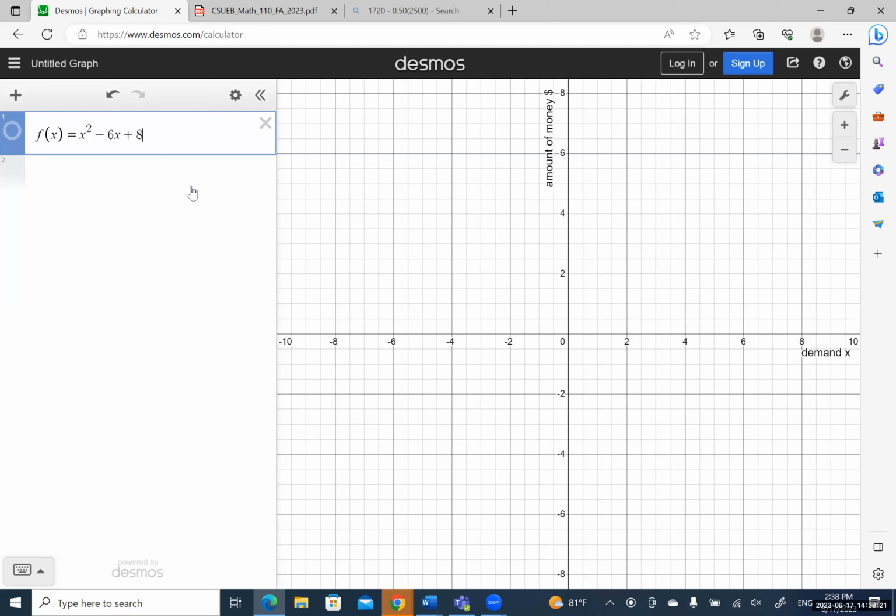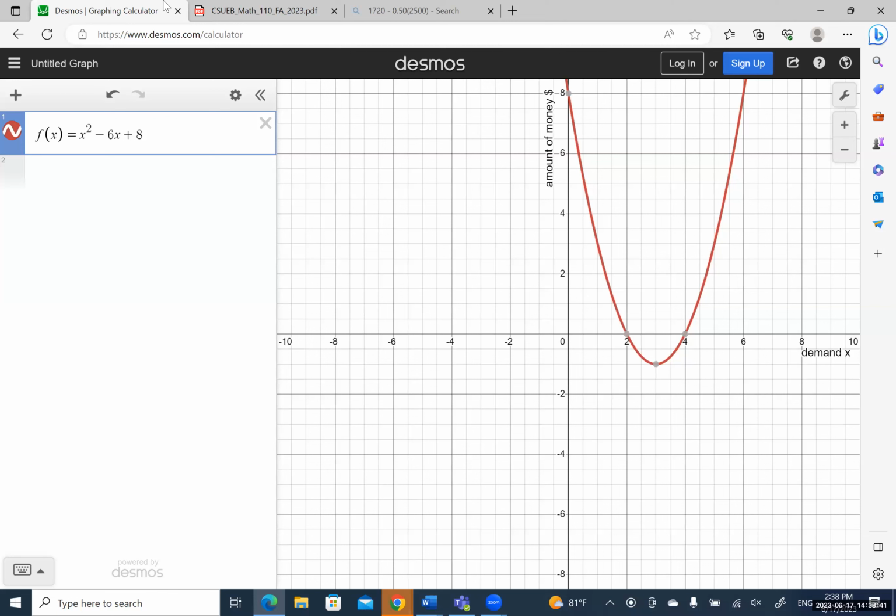Okay, now you can see right now I have zeros. Okay, zero was at x equal to 2, zero was at x equal to 4. So according to the graph, I can write where I have zeros as at 2 and 4.